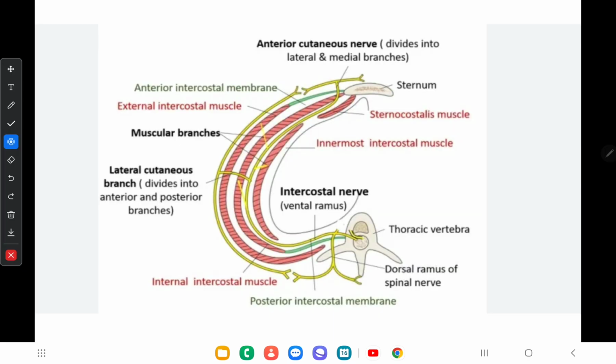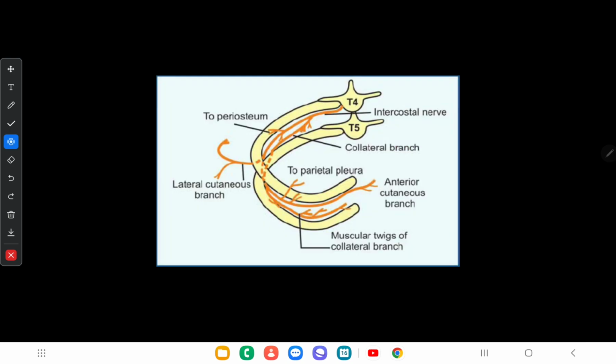First of all, we will discuss the features of a typical intercostal nerve. Typical intercostal nerves emerge from the intervertebral foramen below the numerically corresponding vertebra, inferior to the numerically corresponding vertebra.